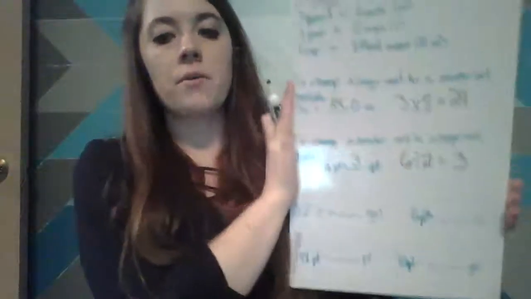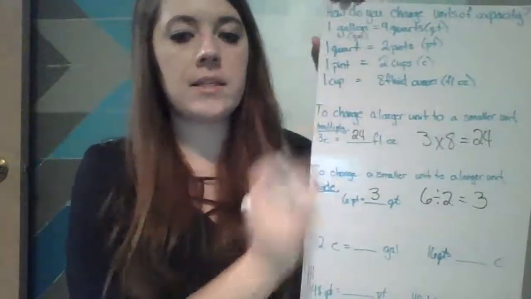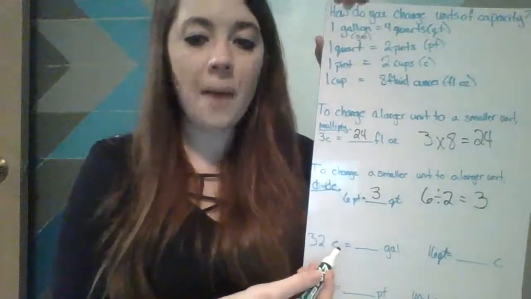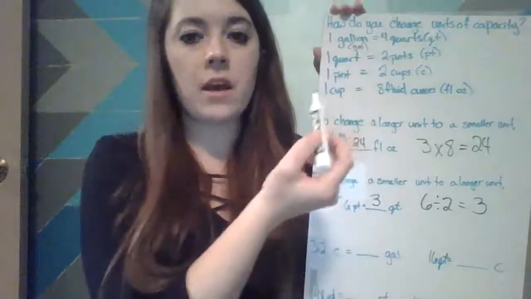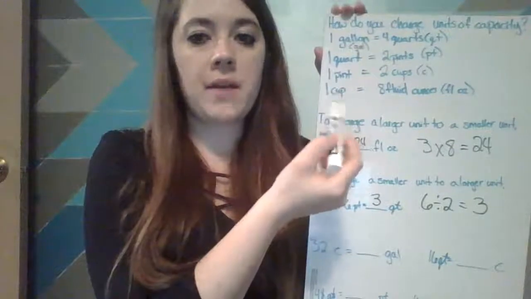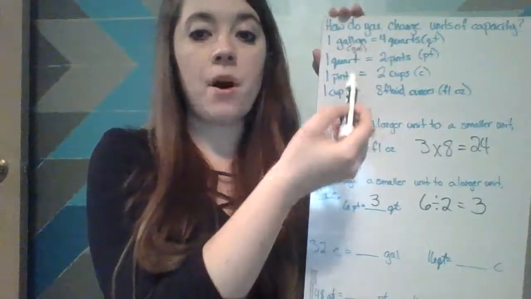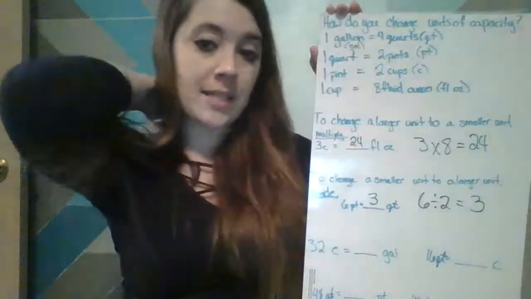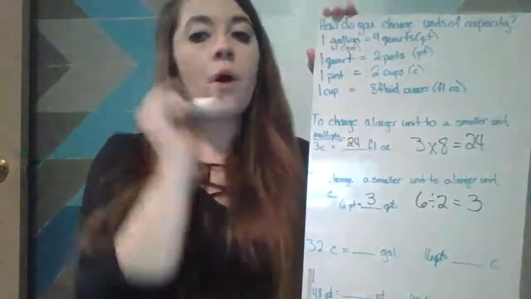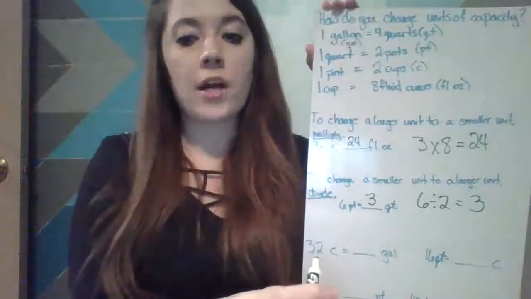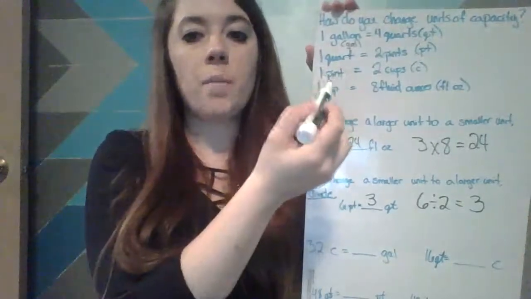Okay, so now some practice. We're going from 32 cups to gallons. Now, if we look, cups is all the way down here. It's definitely smaller than our gallons. But we have multiple steps to get there. So first, we need to convert our cups into pints.